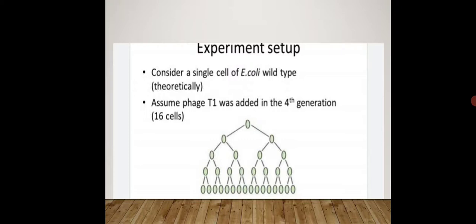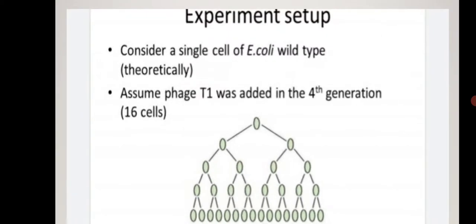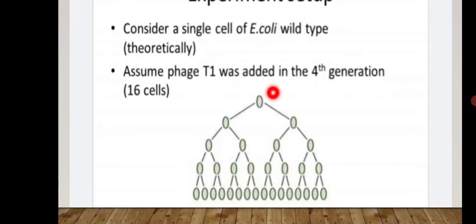So E. coli strain was taken, and we have to assume phage T1 was added in the fourth generation. So let's see the experiment. This experiment starts from the single cell of E. coli. Then after the first generation two cells have been developed.